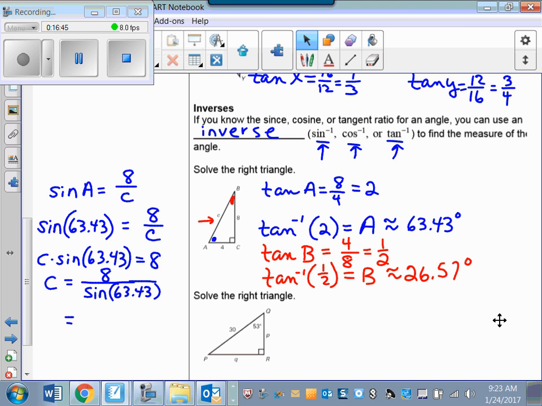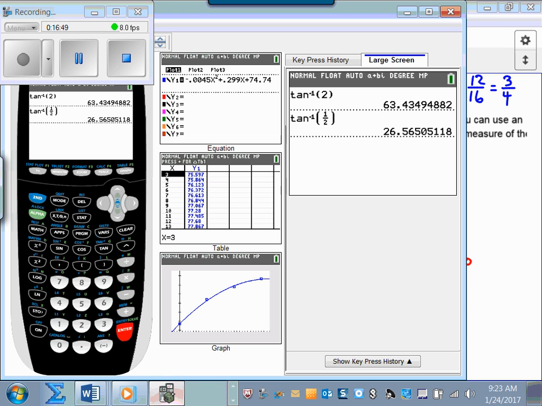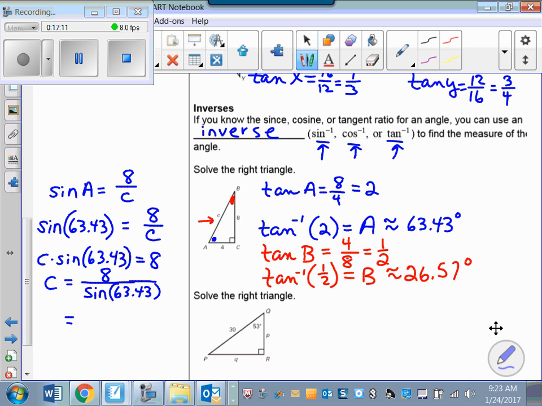I'm going to do 8 divided by sine of 63.43, and that's going to give me an approximation of 8.94. So say C is 8.94 approximately.